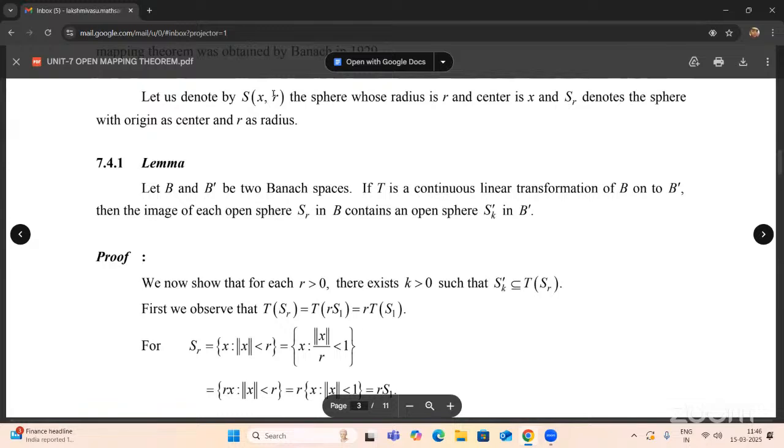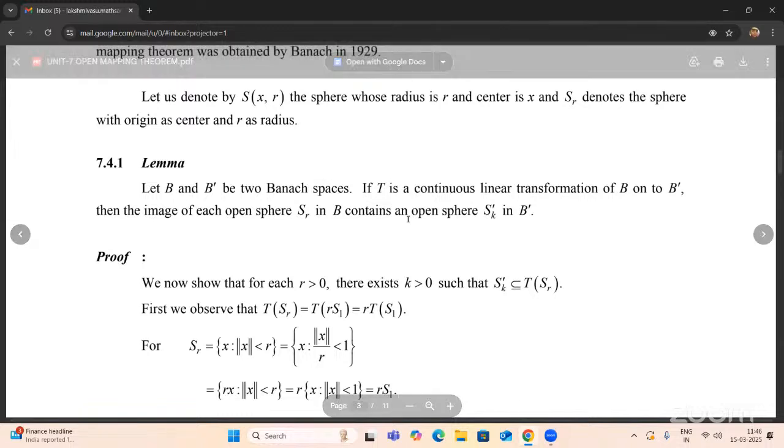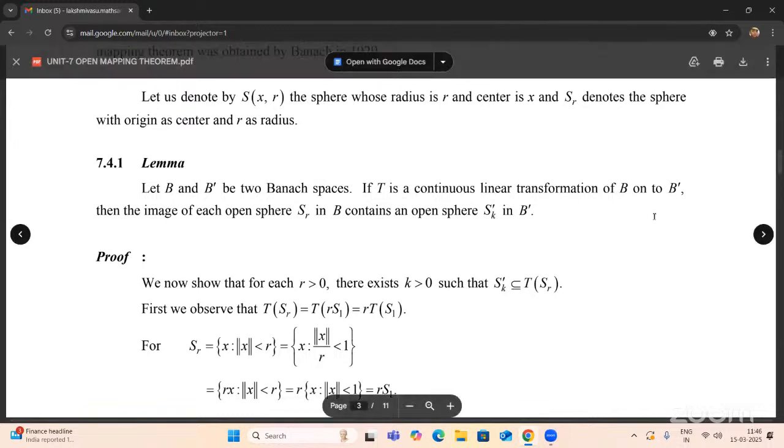S R of X means R is its radius and X is the center. You must write S of X and R, or S R of X. With the center at the origin, S R simply denotes the sphere with the origin as center and R as radius, that is S R of 0, or S epsilon of X where epsilon is greater than 0.